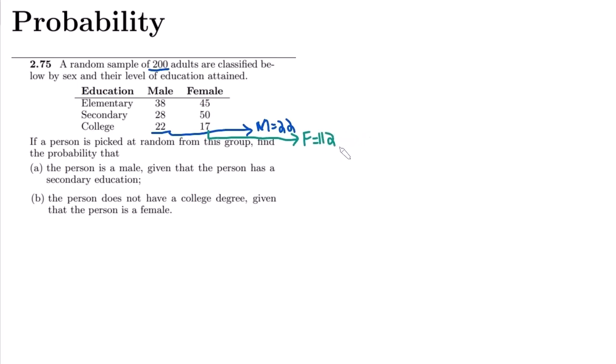And similarly, the probability of female on the basis of this number would be 112, which is the number of female individuals, divided by the total number of adults, which is 200. So P of F is 112 divided by 200. Similarly, the probability of the male is how much?